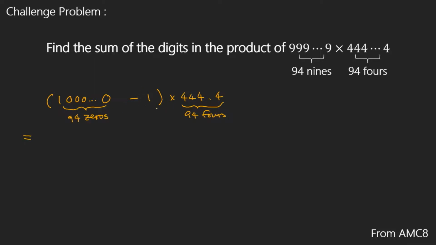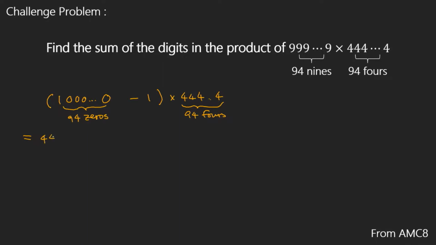Okay, so next looks like we can use distributive property and distribute this 94 fours into each of the terms inside the parentheses. So we have 94 fours multiplied by 1 followed by 94 zeros. So that is essentially 94 fours followed by 94 zeros.